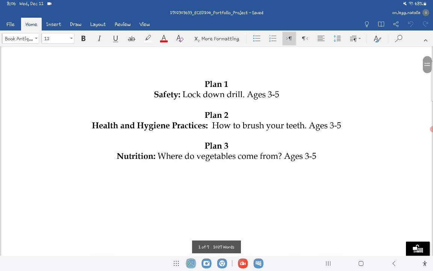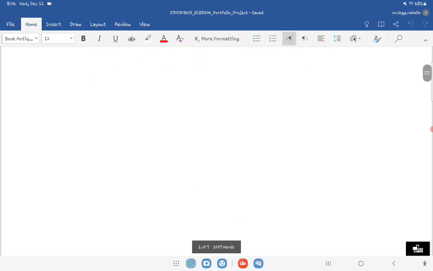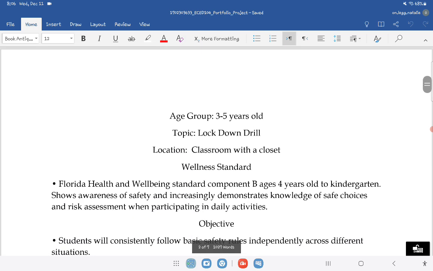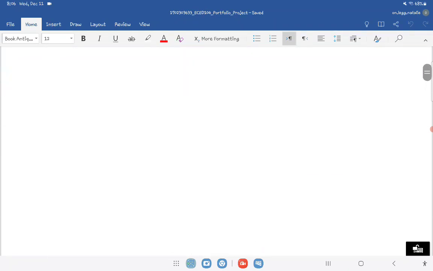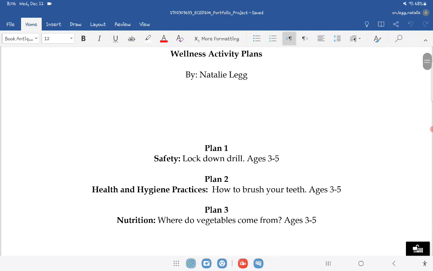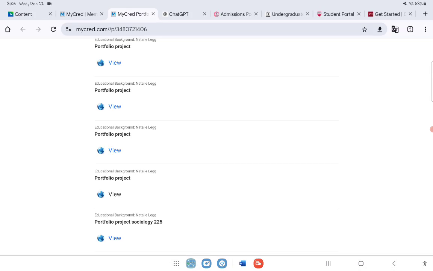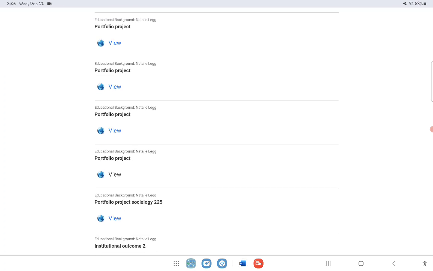We saw how they want us to teach things like safety, health, and nutrition, and we created a lesson plan around that. This portfolio project met the institutional requirement by emphasizing how states do things differently, and even within the same state, how local authorities choose to do things differently as well.